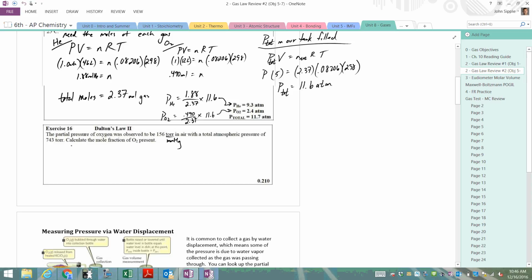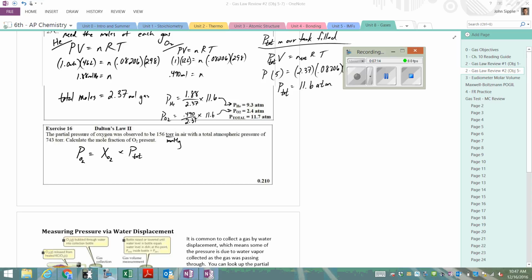The pressure of O2 is equal to the mole fraction of O2 times the pressure total. All we need to do is plug in what we know.